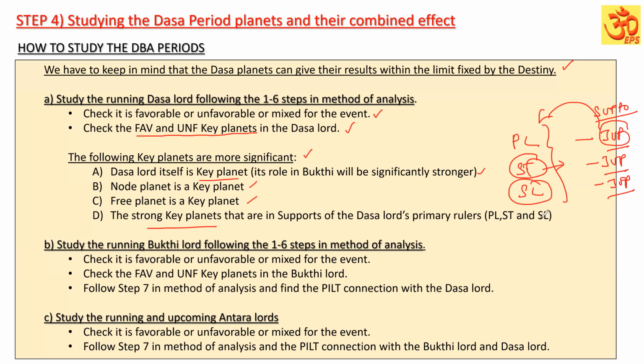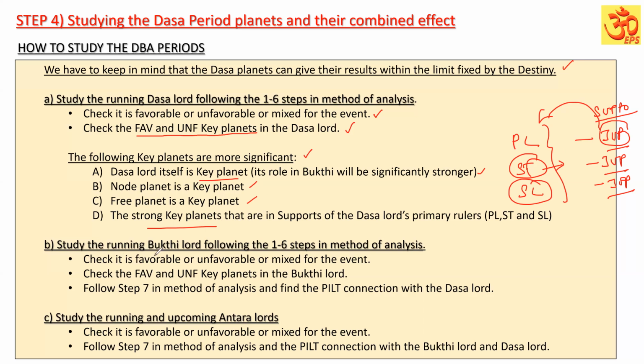Though it is not one of the rulers, it is playing in the supports, and that also can be considered as a strong key planet. So based on the rulers, we can select some key planets, and the planets which are under the influence of the key planets, that also we can consider. I hope you are able to understand.